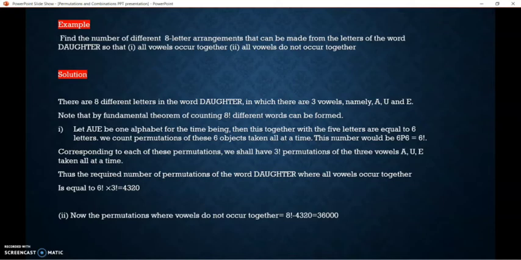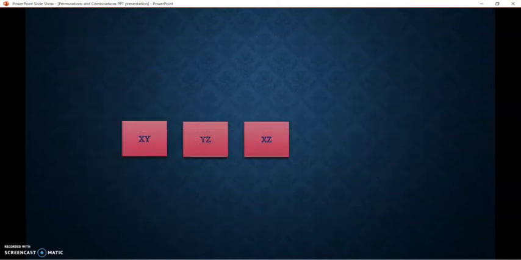Now, if I want to find those words in which vowels are not occurring together, then since there are 4,320 words in which vowels are occurring together, the words in which vowels are not occurring together can be found by subtracting 4,320 from the total arrangements. And total arrangements, we have already seen, is 8 factorial. So if you subtract 4320 from 8 factorial, what you get is 36,000. This is clear, right?